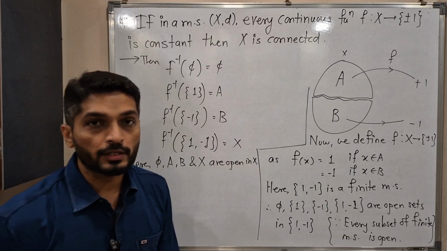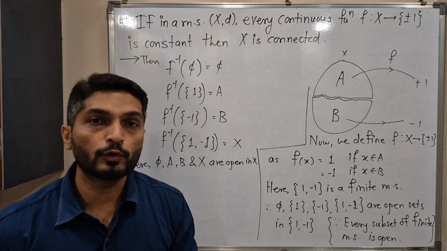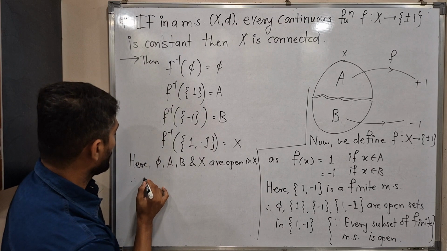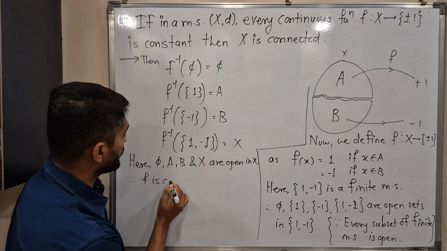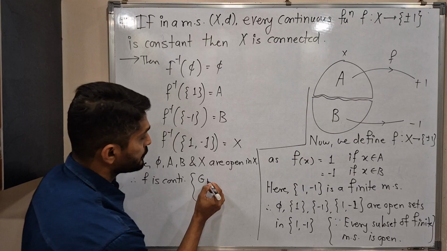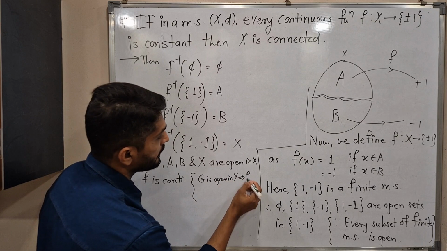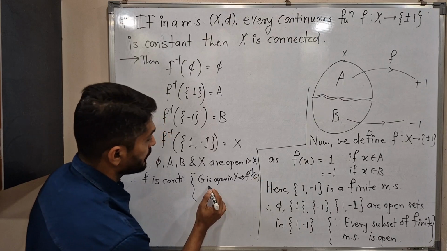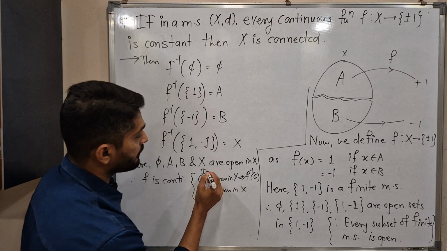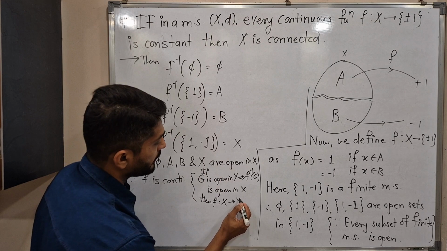That means if you take any open set in the codomain, its inverse image is open in the domain. Therefore, F is continuous. I should mention the reason: G open in Y implies F inverse of G is open in X. If you have this, then you can declare F from X to Y is continuous.